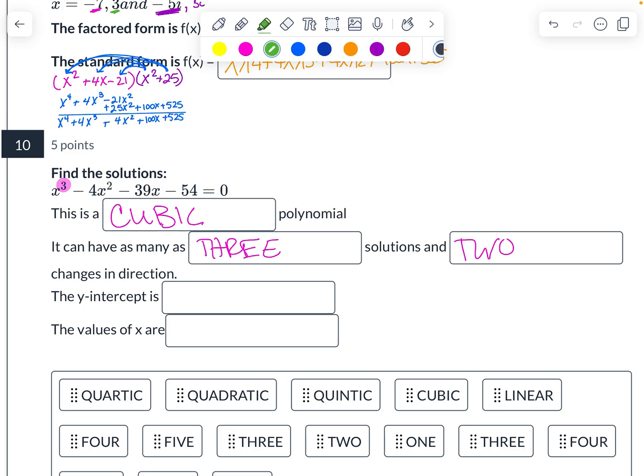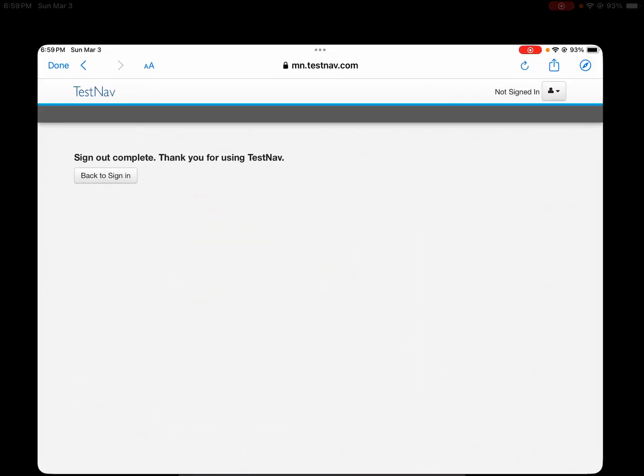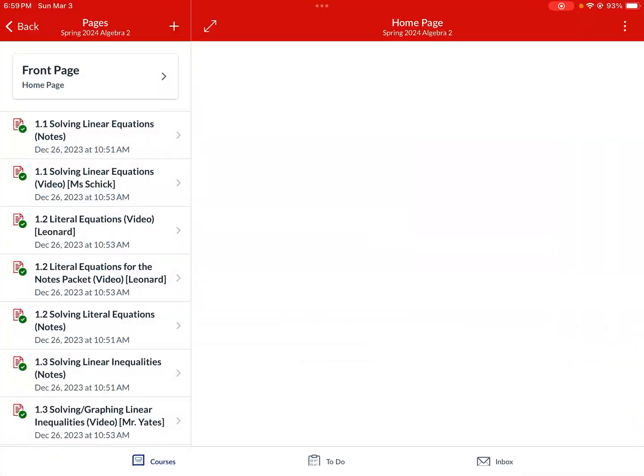It has a y-intercept of 0, negative 54. And we need to find the x's. So we're going to go to our graphing calculator. Pull up our calculator.